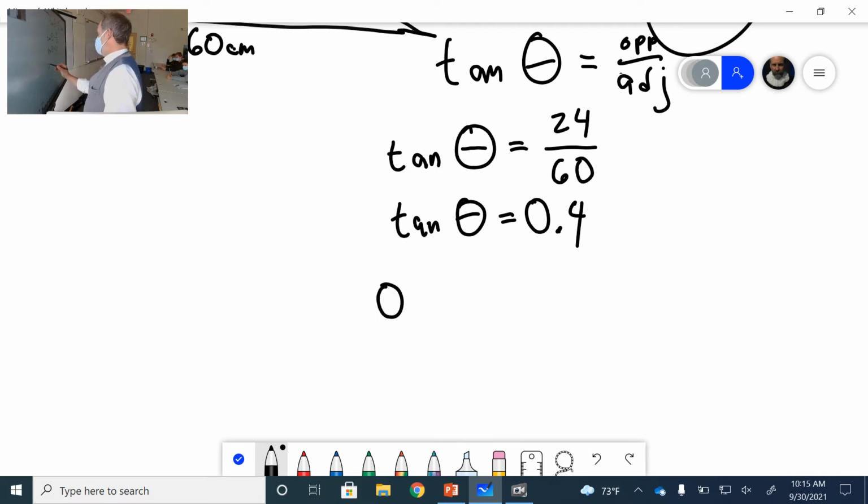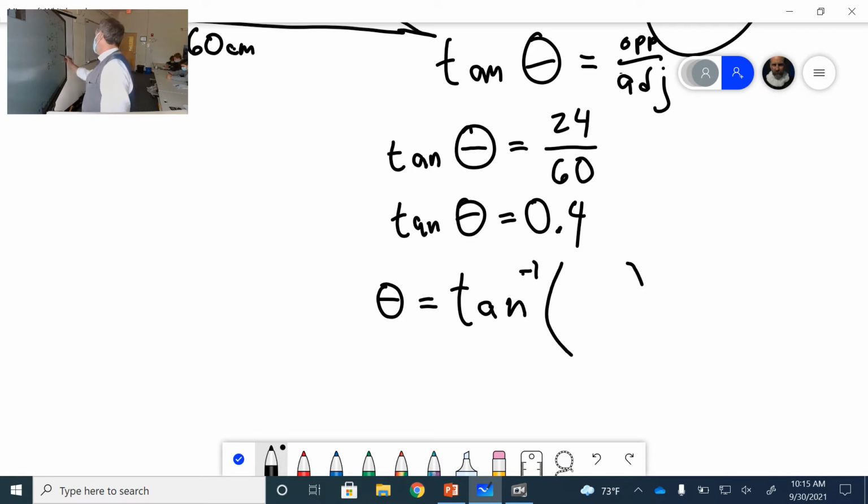I'm going to say that theta is equal to, and there are a couple of different ways of writing inverse tangent. Most calculators, not all, but most calculators write tan with an exponent -1.